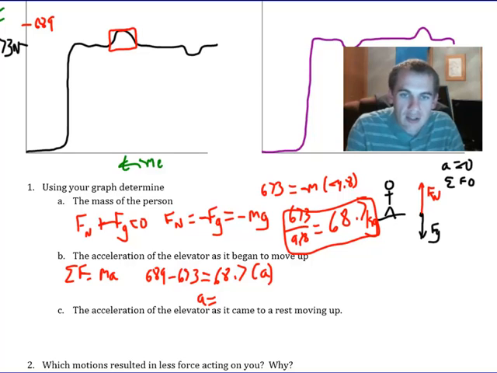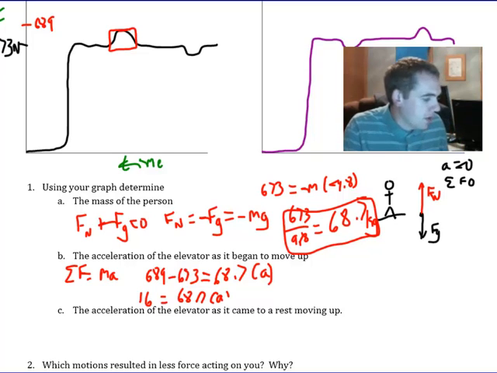So if we do this, we have 689 minus 673, which is what, 16 newtons. So I have 16 equals 68.7 times a, and then all we have to do is some division, and we're going to get the acceleration of the person, which is also the acceleration of the elevator.